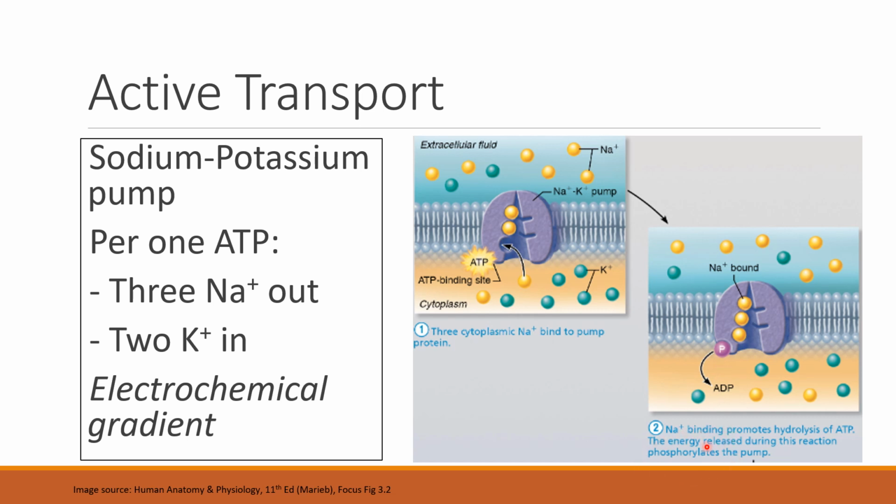When that happens, it releases energy, and that phosphorylates the pump. So ATP is attached to the pump here. When the sodium binds on there, it'll hydrolyze this ATP, which will result in ADP, and leaves that phosphate group on the pump itself. It phosphorylates the pump.